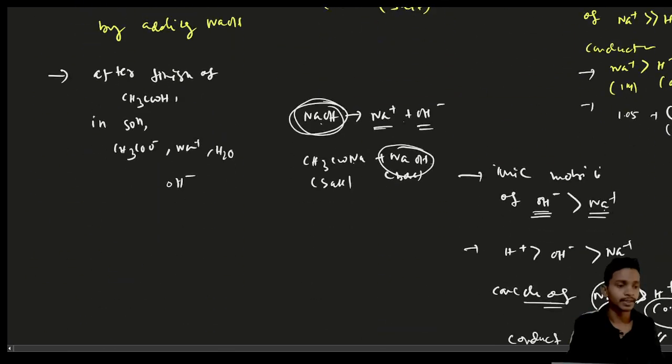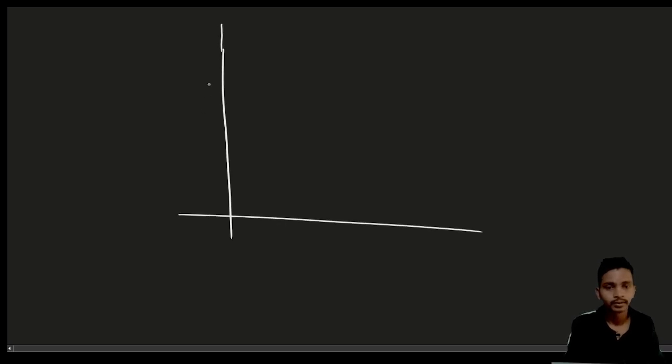So let me draw the graph here, bigger. Let's say this axis is K and this is the volume of NaOH.